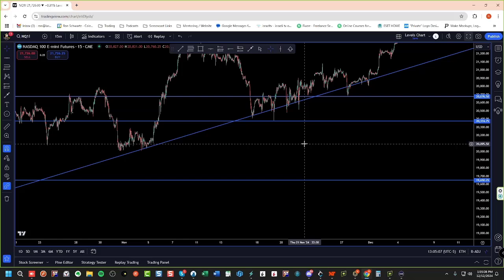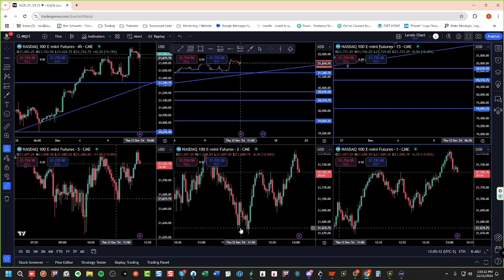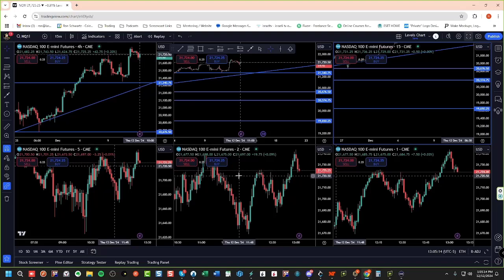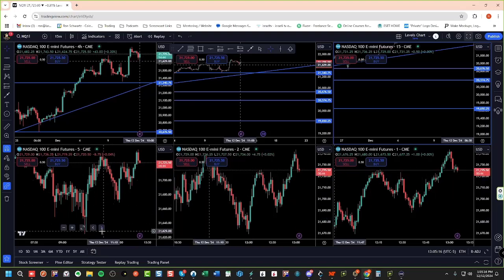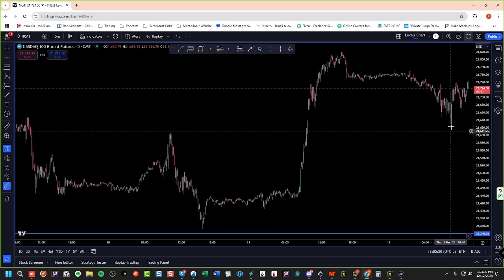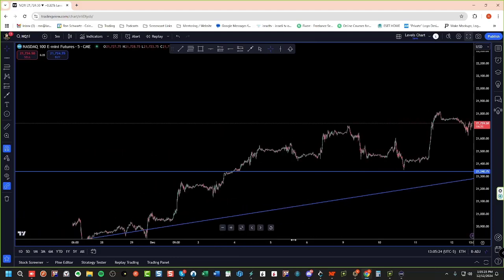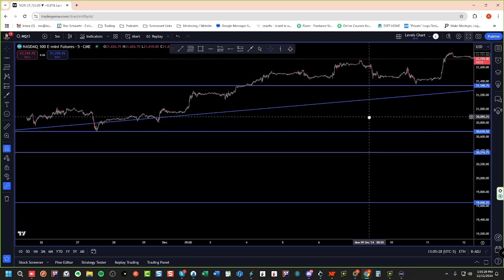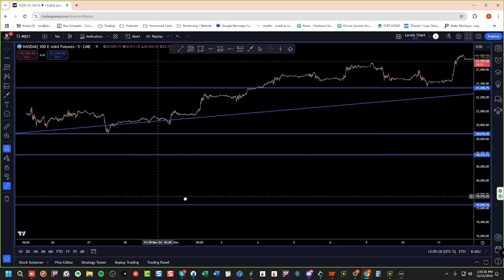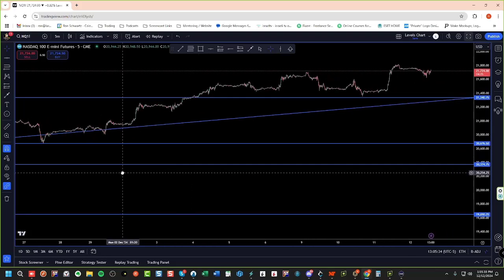Mm-hmm. That's what I was noticing with the way the 1 hour was following that, even the 4 hour and the 1 hour. I was just trying to get a sense of what specifically you were looking at. I remember you drew that diagonal line, but it seemed like you just started at the highest time frame. I start at the highest time frame, and I basically work my way back from there.